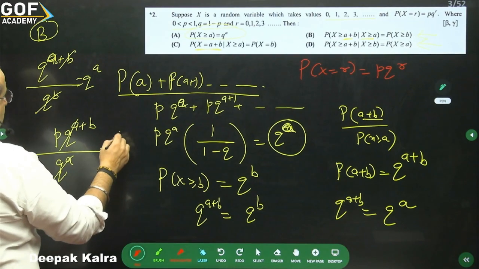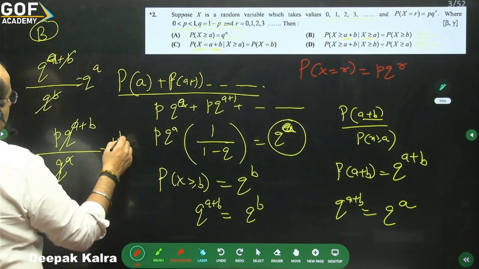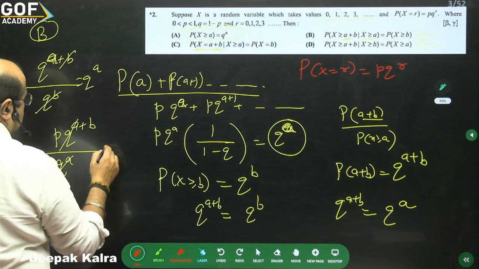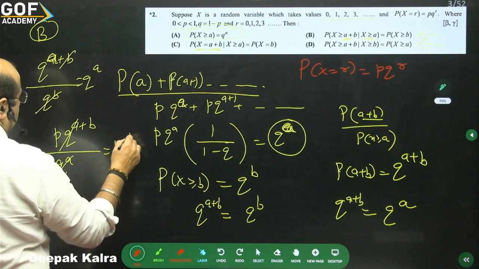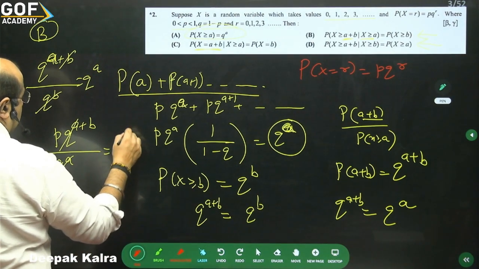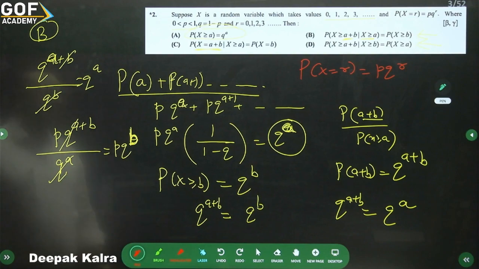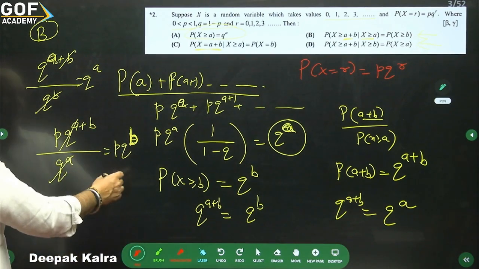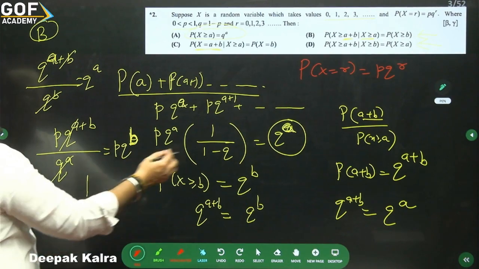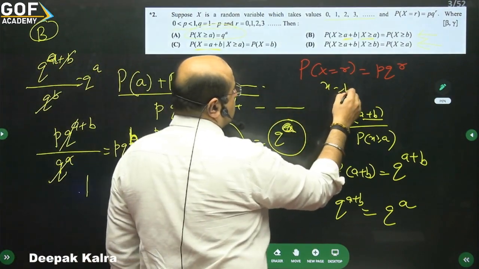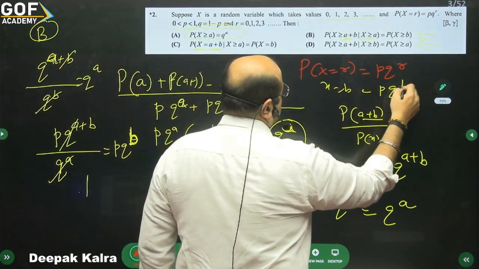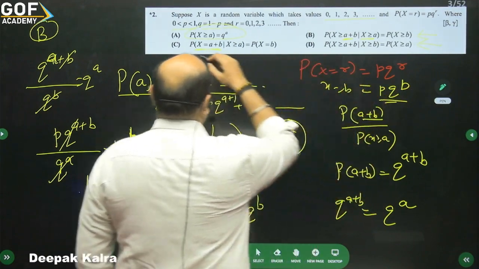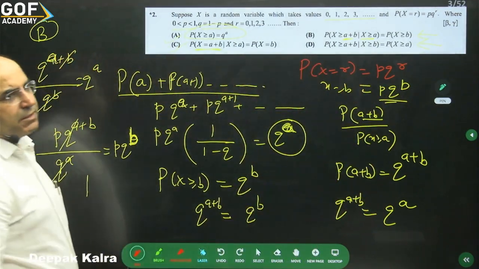We get the answer as p and q raised to the power b. This is the answer. And x equal to b, it is matching. When you put x equal to b, you get this, no? So A and C, I think, is the answer.